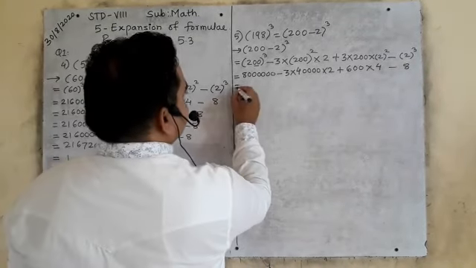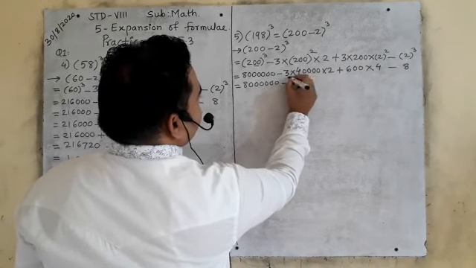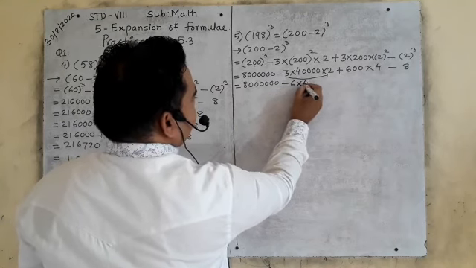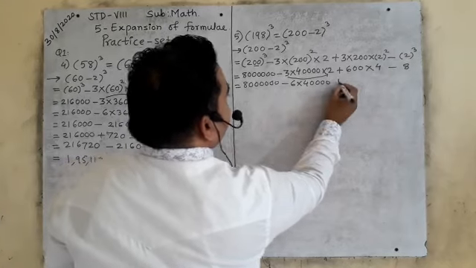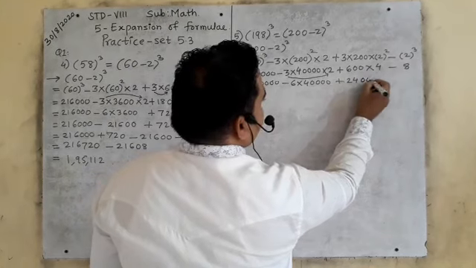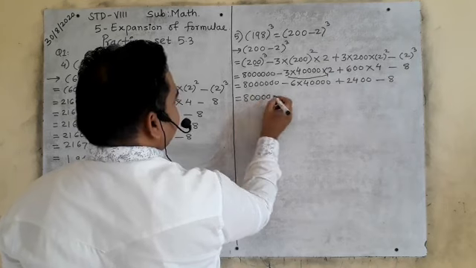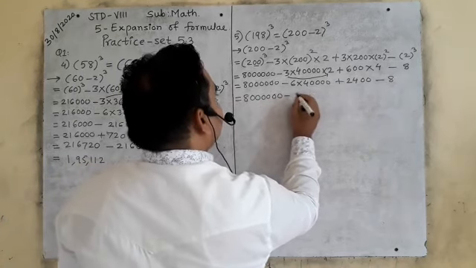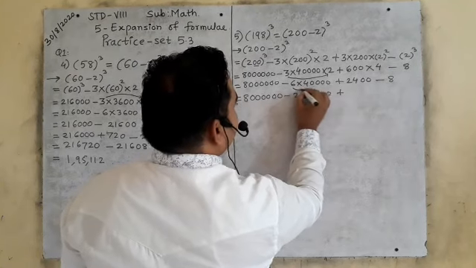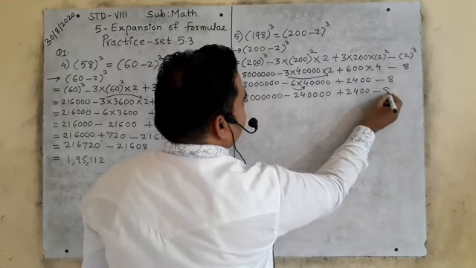Now what you will do here? 8000000 minus 3 2s are 6, I will multiply this to this, 3 2s are 6, multiply by 40000, plus 6 4s are 24 and 200, minus 8. So my dear students, very simple, the calculations are there only, you have to calculate. 6 4s are 24, 10 20 30 40. Is it clear? You will multiply 6 by 4, very easy. Now this is as it is, 2400 minus 8.